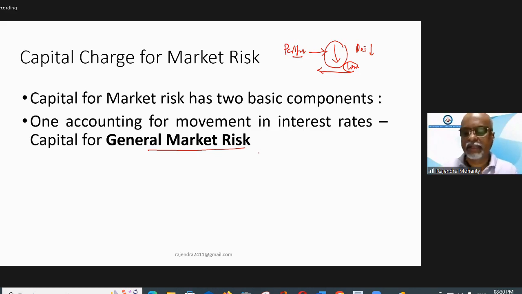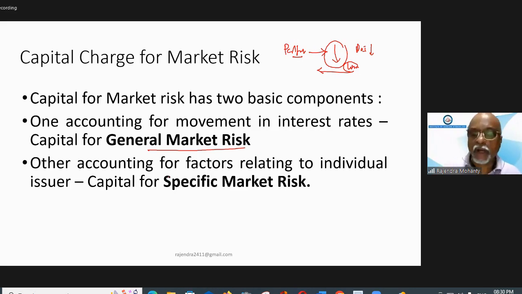Second thing, as I told you, other related factors which are related to the individual issuer. In that case, for each individual issuer, capital has to be calculated. That is called specific market risk. It is calculated for a specific issuer according to the risk factor, which might be downgrading of the rating of that issuer, or losses of that issuer, or an NPA has happened to the issuer, whatever the issue may be.